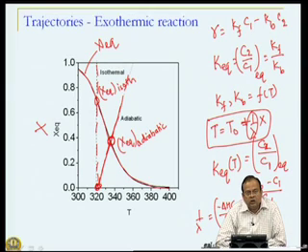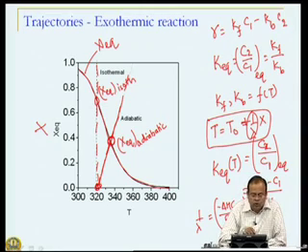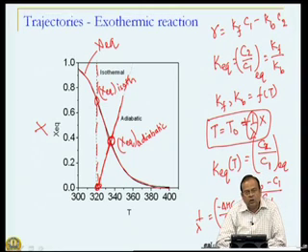So, in both these conditions, both these extremes, we are not in a happy situation either way. It is always give and take. In the isothermal case, what you gain in the thermodynamic way, that is the maximum conversion, you lose in a kinetic sense, whereas in an adiabatic reactor you gain in a kinetic sense, but lose in the thermodynamic sense.